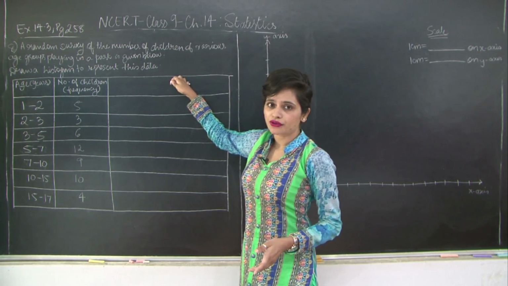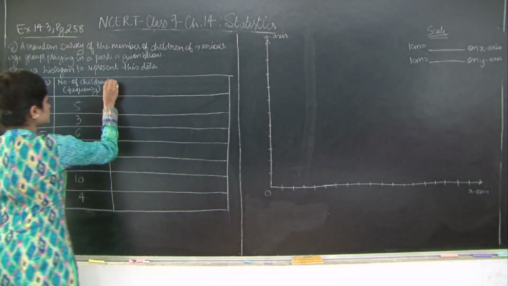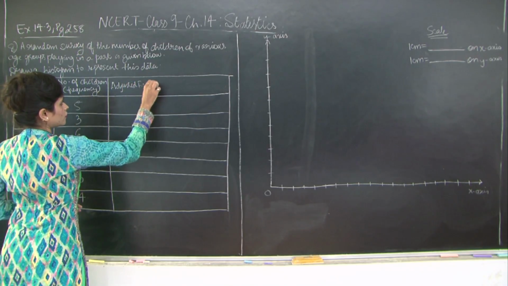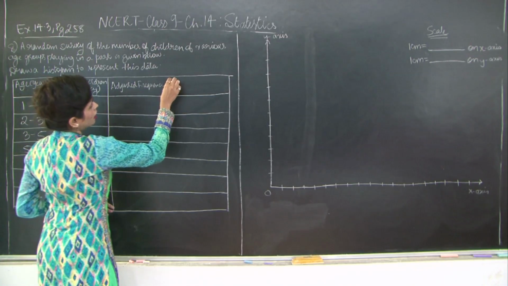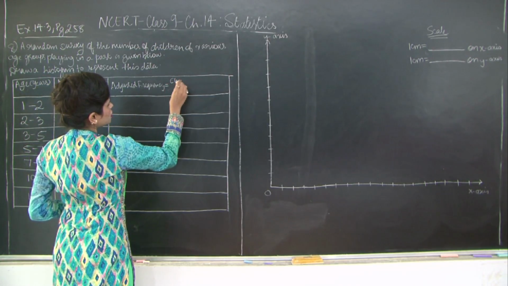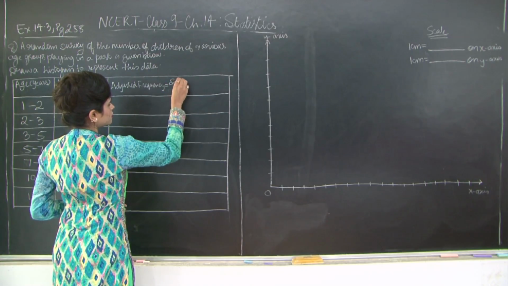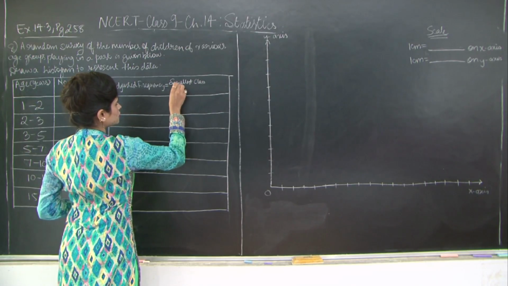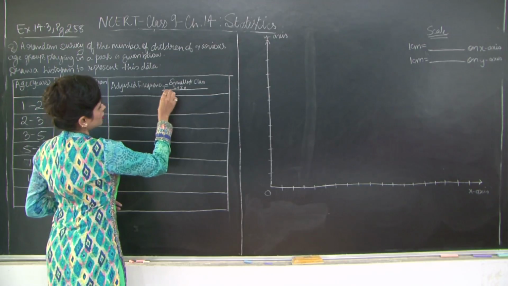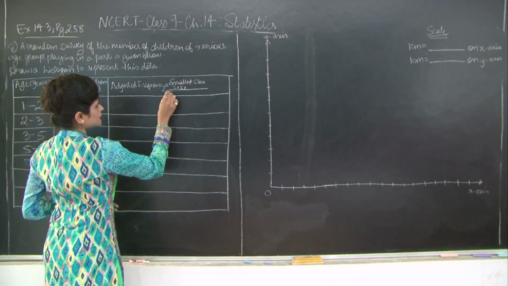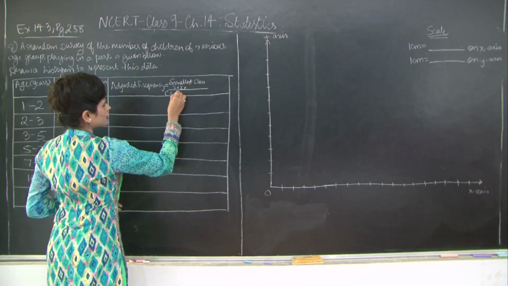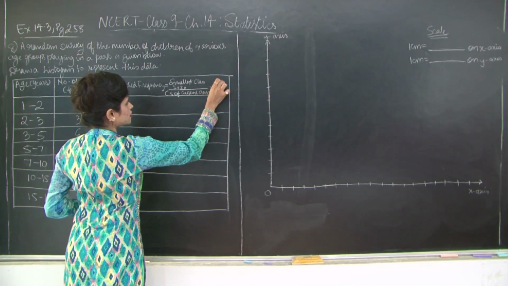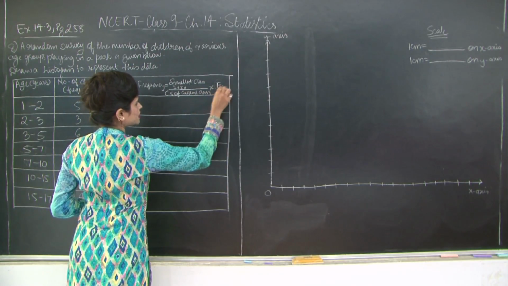So we are going to use the formula of adjusted frequency, which is nothing but the smallest class size divided by the class size of the current class, into frequency. I am just writing CS for class size, and for frequency, I am just writing FR.